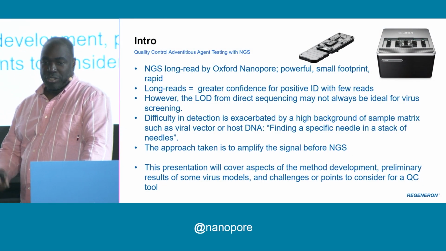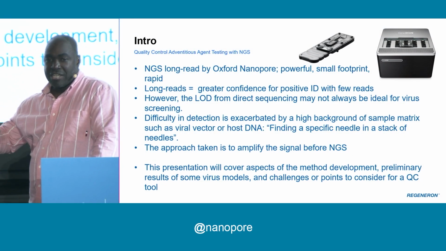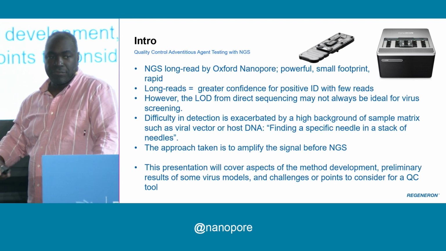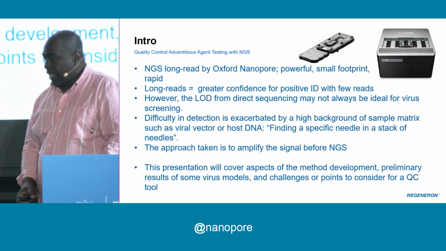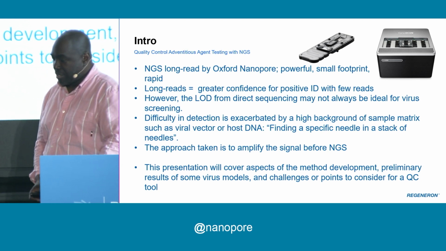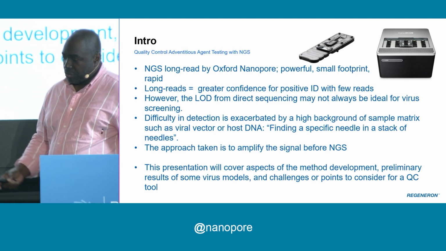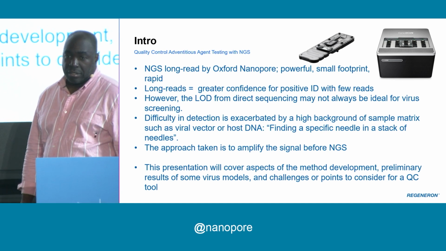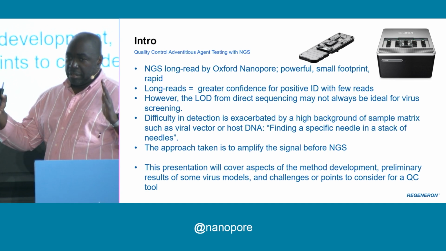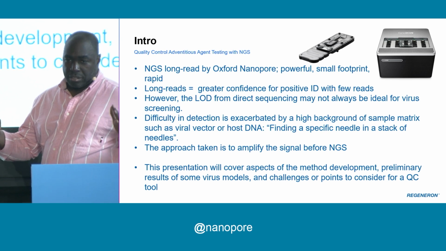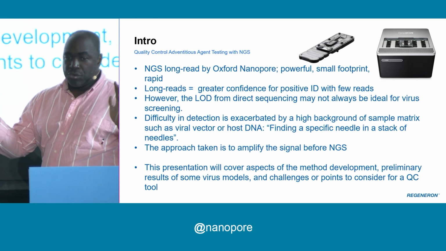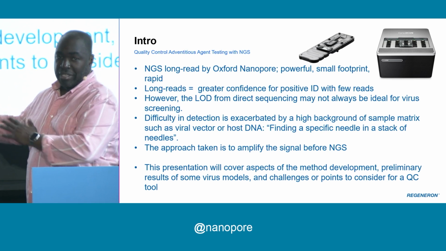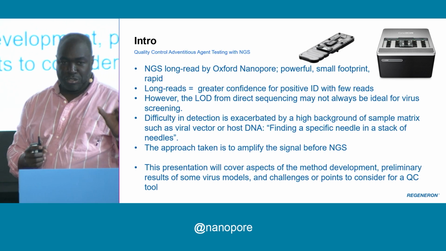So I'm going to walk you through the challenges that we went through developing an assay for adventitious agent detection using NGS. Here we decided to go with long read because we think that detecting an adventitious agent with only one read of 500 base pairs or more is going to be easier than just 150.